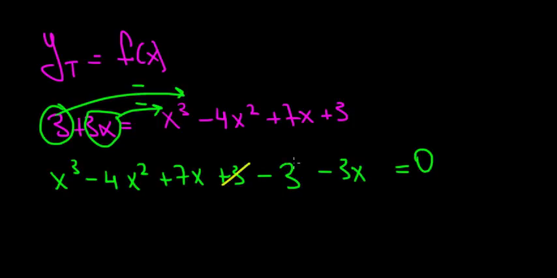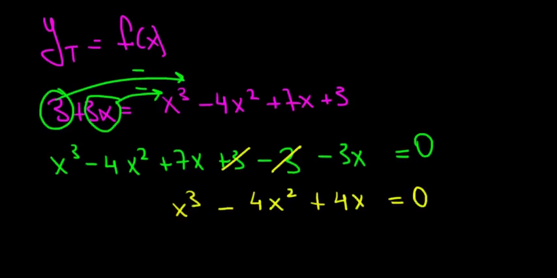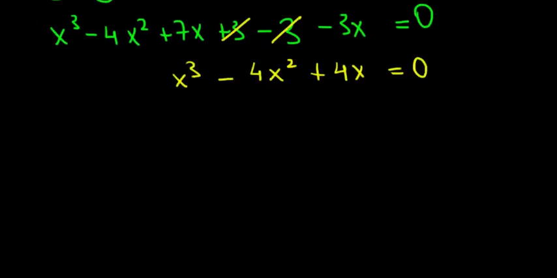So we're left with x cubed minus 4x squared plus 7x minus 3x. That's plus 4x equals 0. What is common here? X, x, and x. So let's take x as a common factor. If we take x as a common factor, we have x times x squared minus 4x plus 4 equals 0.